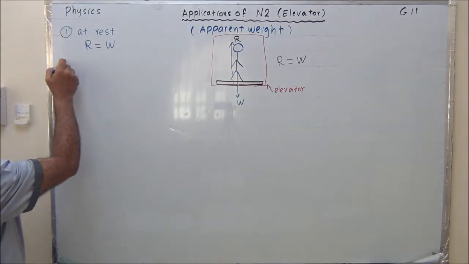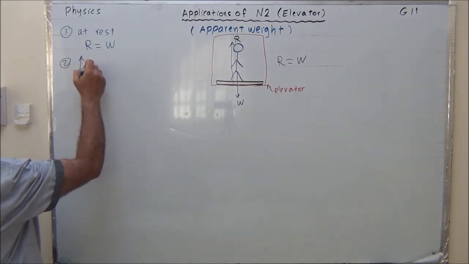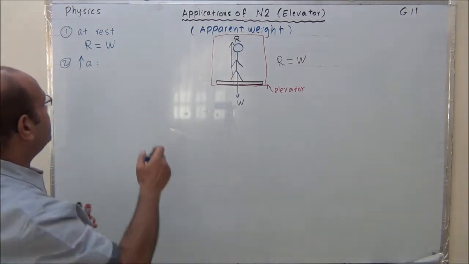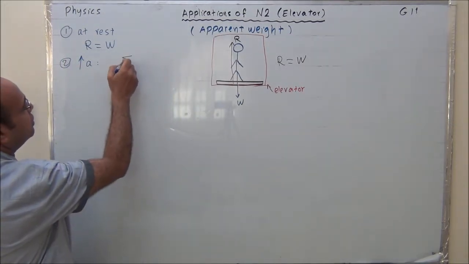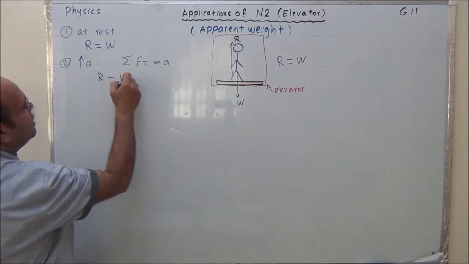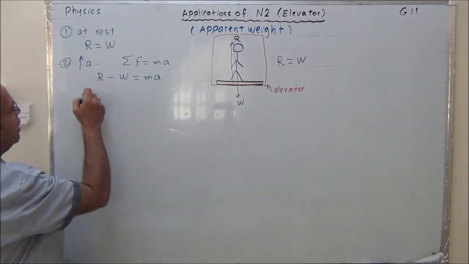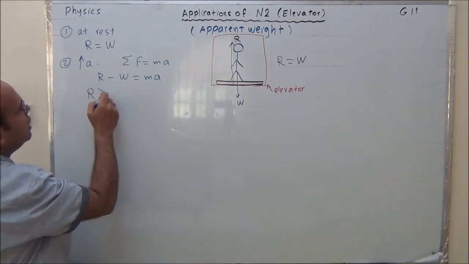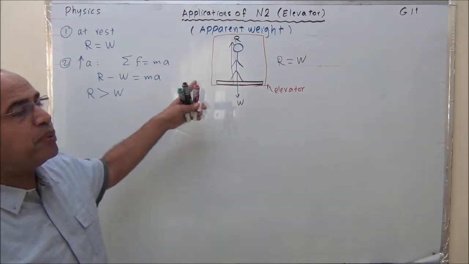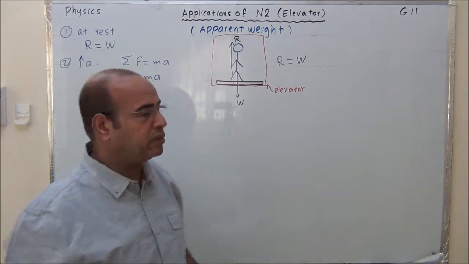The second case, when the elevator moves upward with constant acceleration a, we apply Newton's second law, sum of F equals ma. So R minus W equals ma. In this case, R, the normal contact force, is greater than the true weight, so the apparent weight is greater than the true weight.